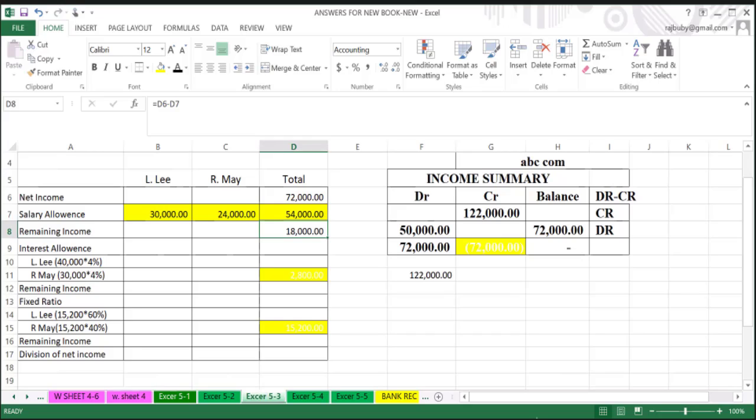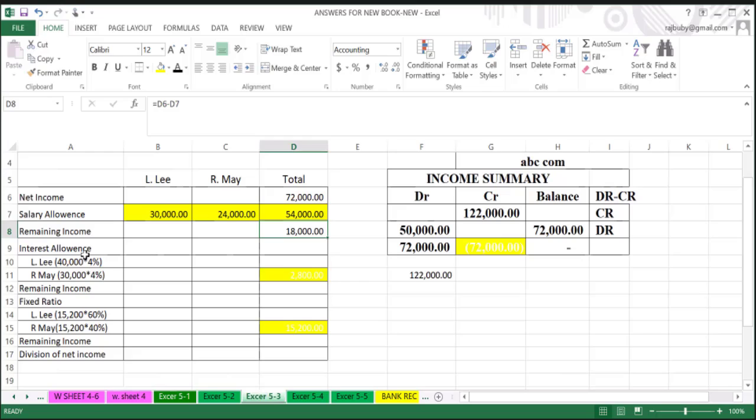But then where did you get this number, 40,000 for Lee and 30,000 for May? They said somewhere else. Oh, it's below. Okay, so we have to read first. Interest allowance of 4% based on average capital account balances.